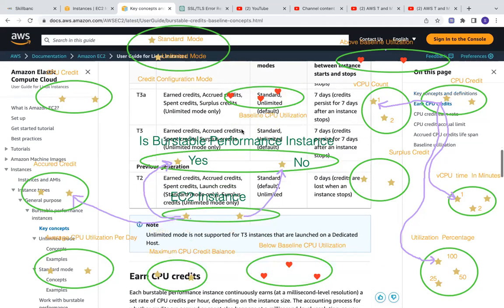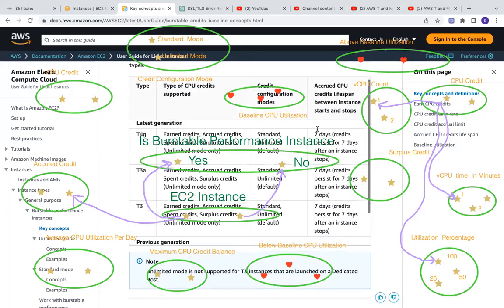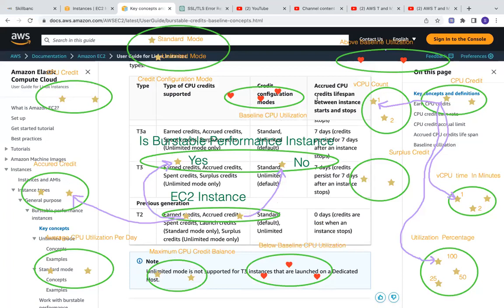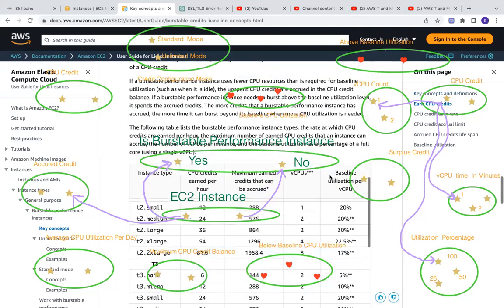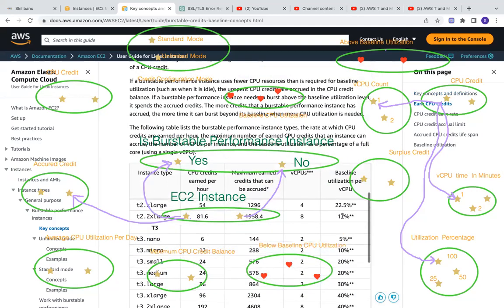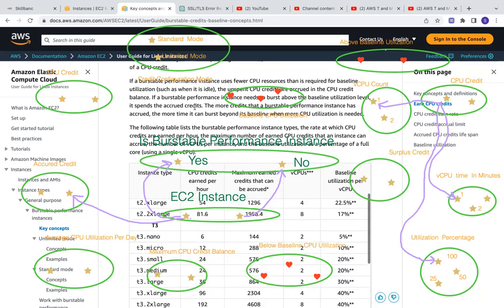How many days those credits will stay after the instance is stopped. Accrued CPU credits lifespan between instance start and stop. And credits, and what is the baseline minimum? 5%, 10%, 20% minimum, and the number of units accrued, etc.